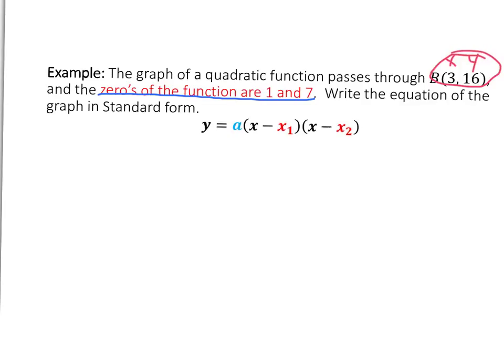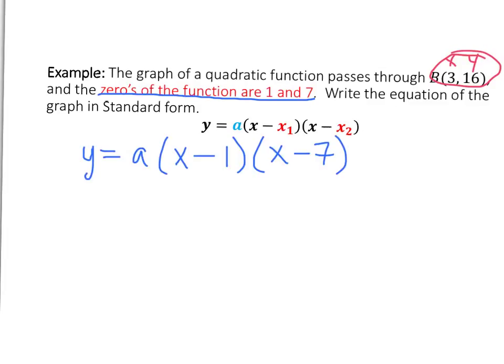So let's plug in what we know into this equation here and see what we get. All I've done at this point is I've taken my two zeros, so my 1, plugged it into this first x1, and taken my 7 and plugged it into the x2.